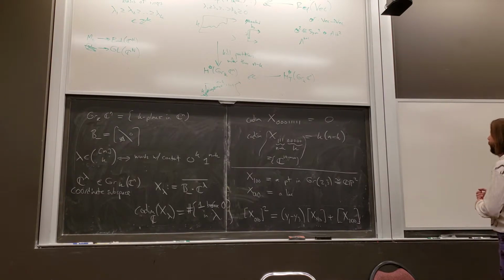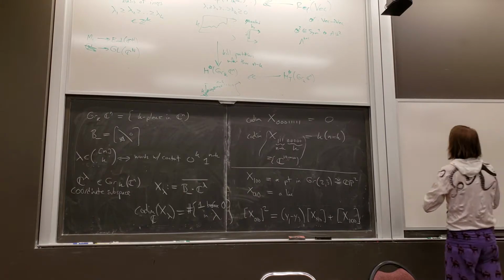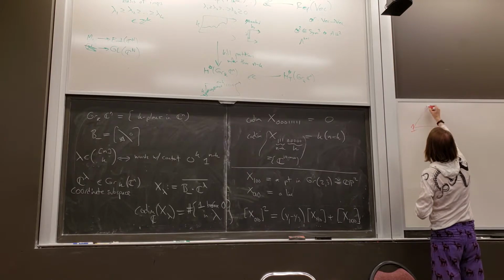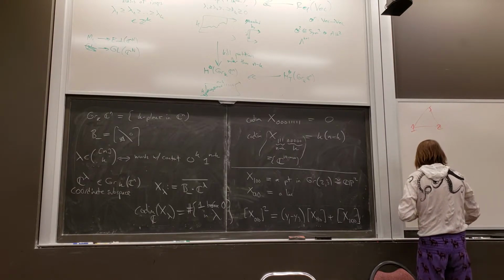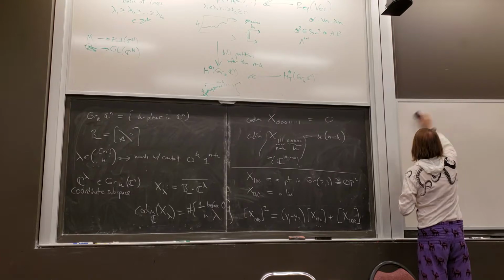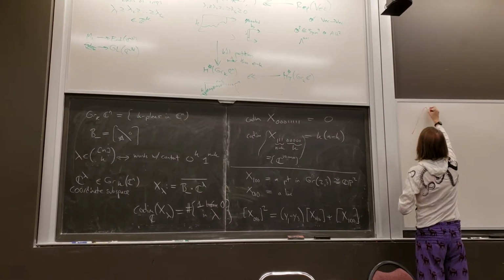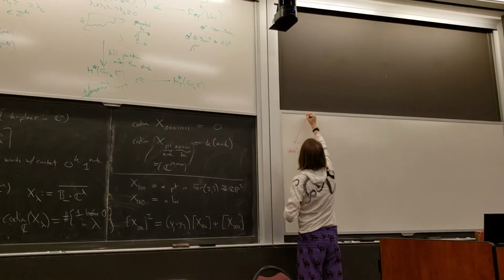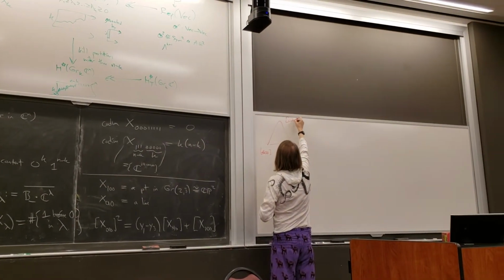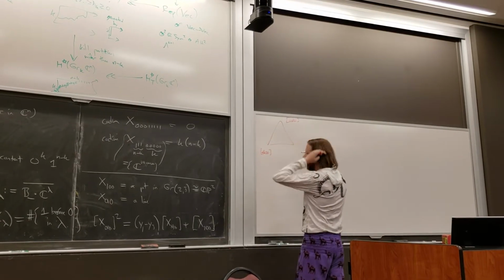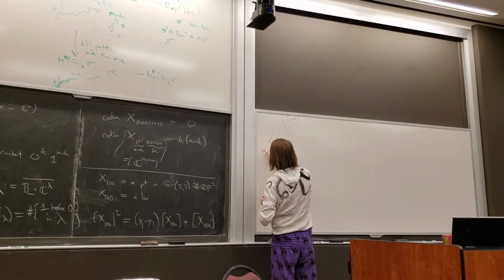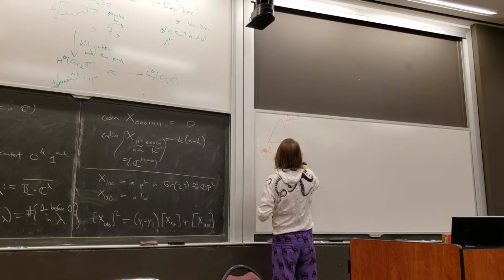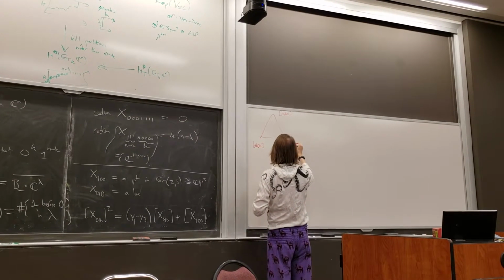So maybe I'll redraw the picture so we see why it's the y1 minus y3. So my coordinates, here's my first coordinate, my second coordinate, and my third coordinate.